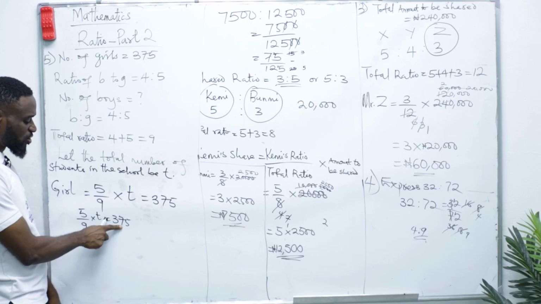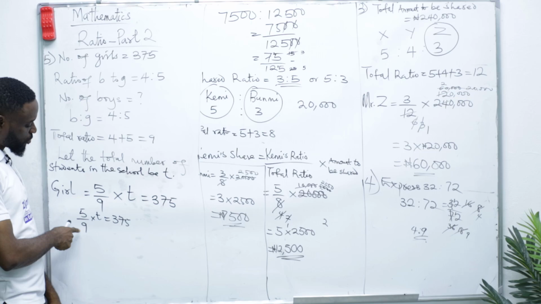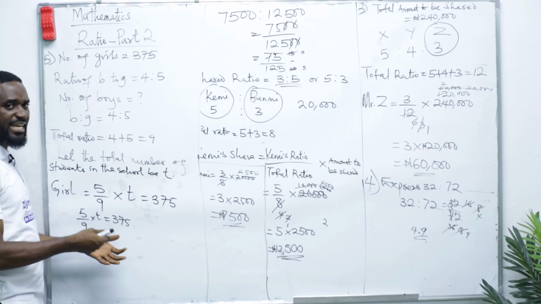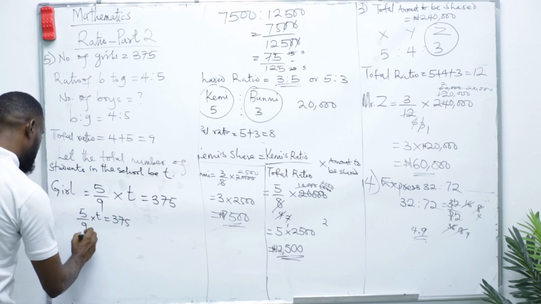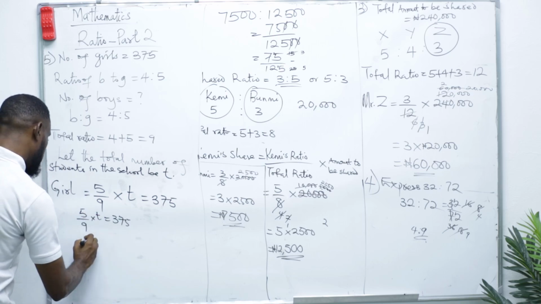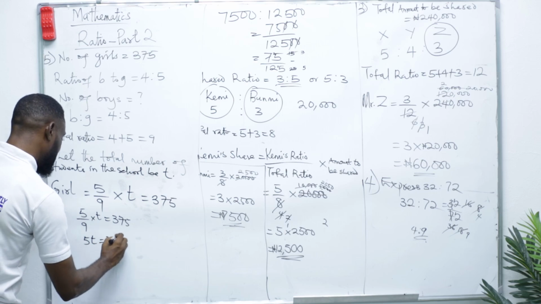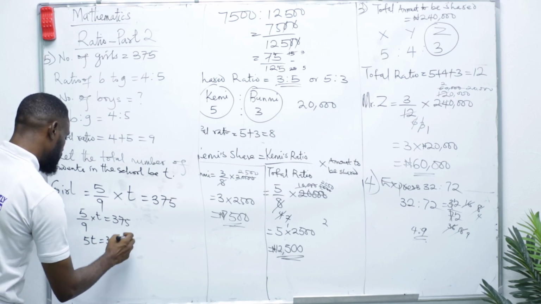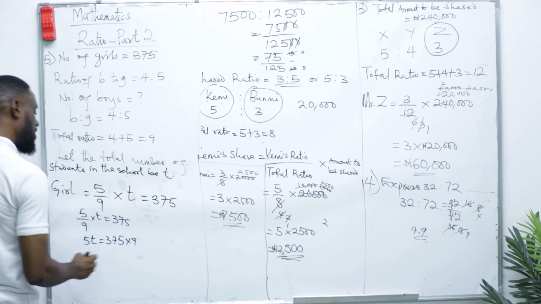Since this is the number of girls, and we're using the ratio for girls, with the total ratio when we added them, we get T. It means 5 times T, which is 5T, will be equal to 375 times 9.